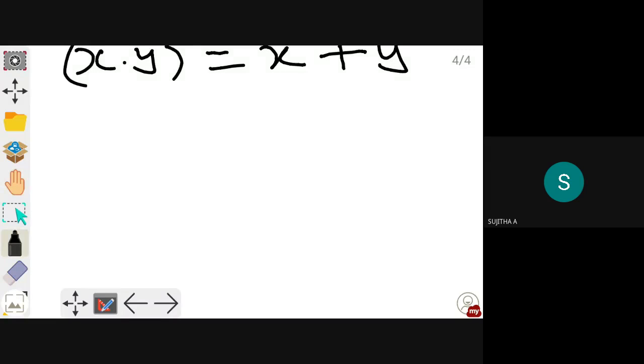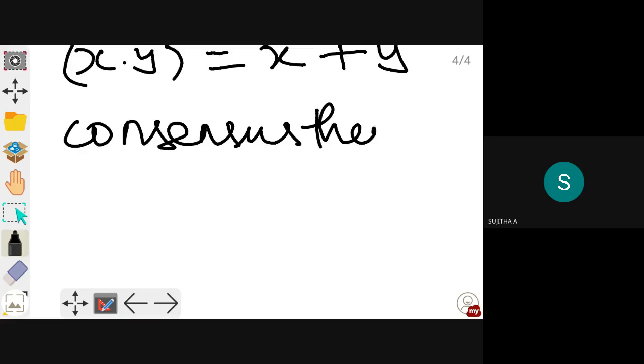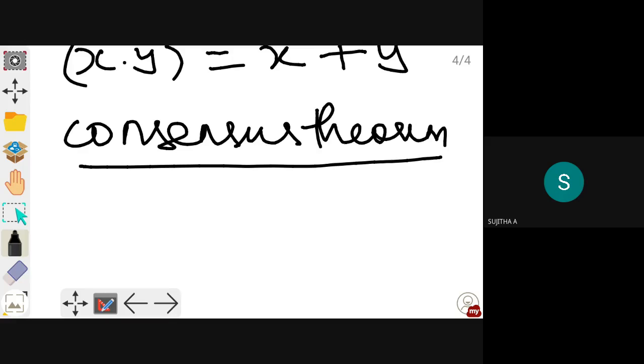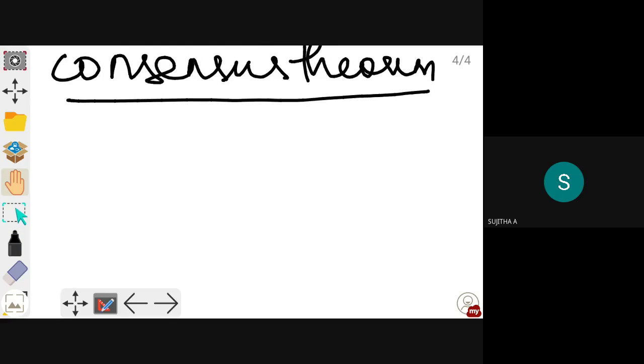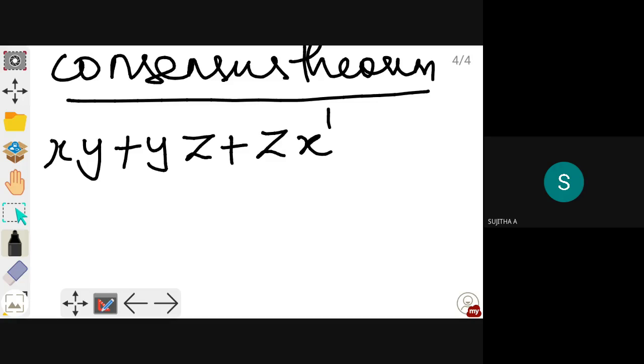And the last theorem is the consensus theorem. They may ask you to state and prove the consensus theorem. That is xy plus yz plus zx dash will be equal to xy plus zx dash.